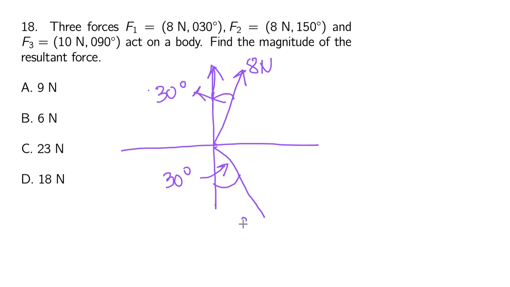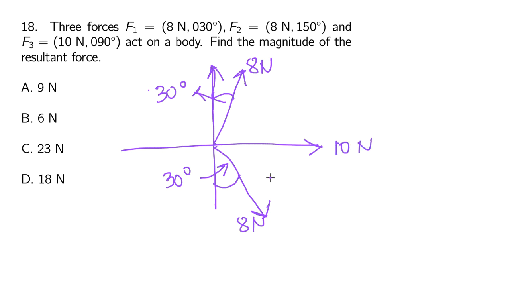And this is also 8 Newton. So those are the first two forces. The third force is 10 Newton and 90 degrees. So here 90 degrees from here is precisely this x-axis, and the force is 10 Newton.